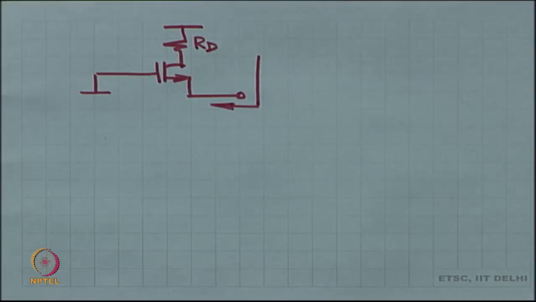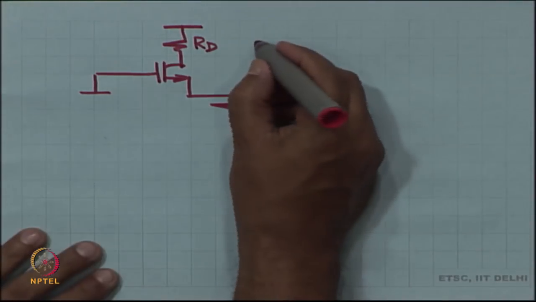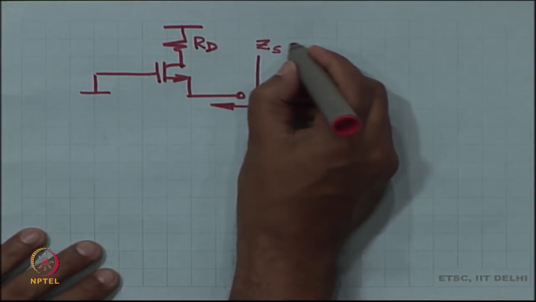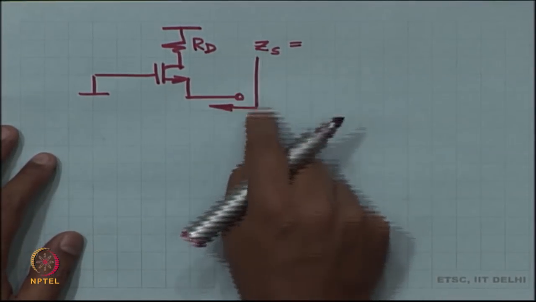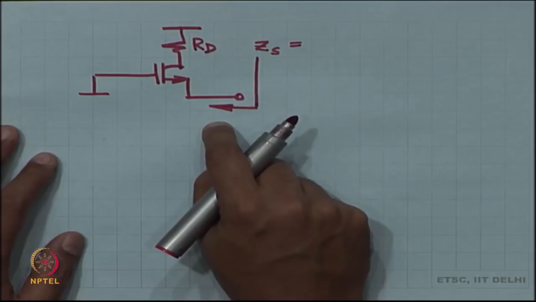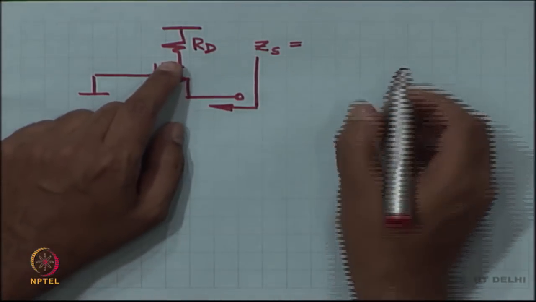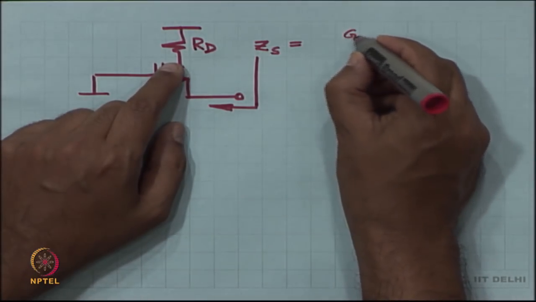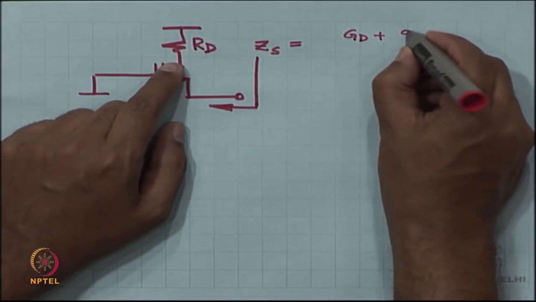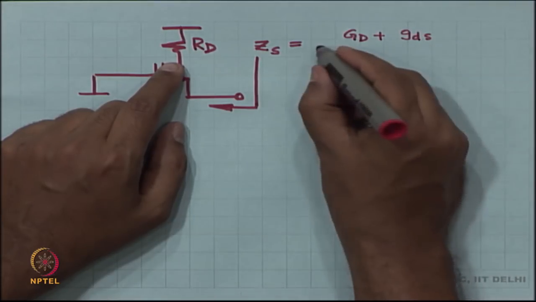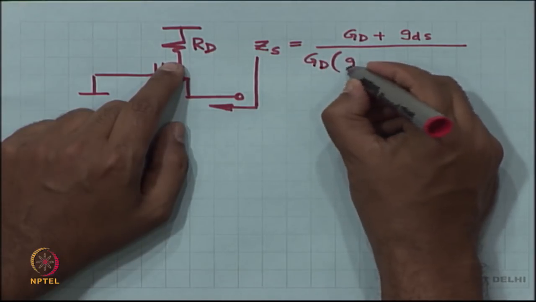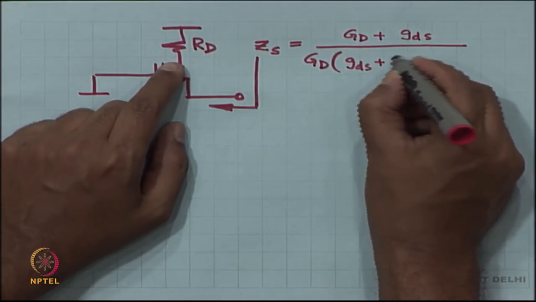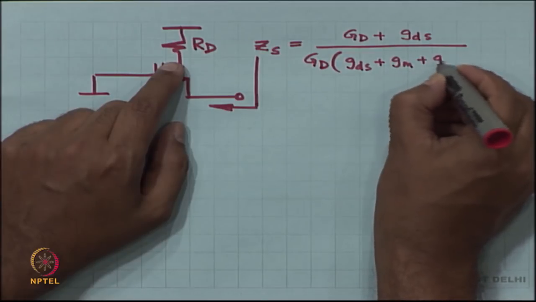So, this is the problem we have solved. Looking into the source, the impedance happens to be (gd plus gds) divided by gd times (gds plus gm plus gmb).